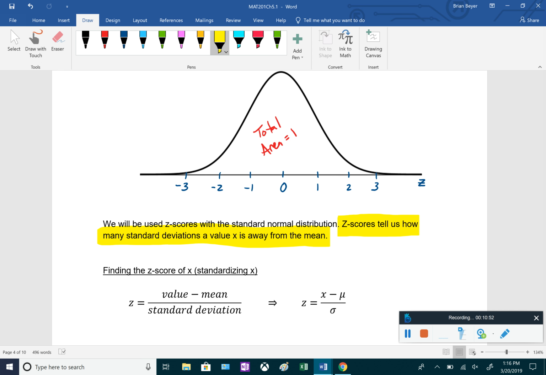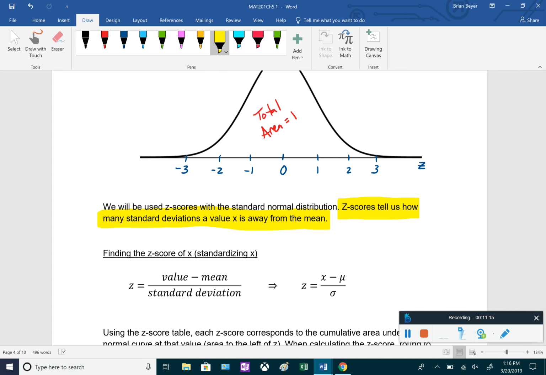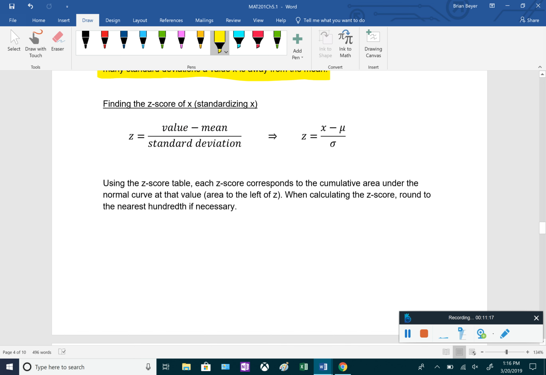So that's what the standard normal distribution works with. It works with z-scores. So for a mean of 0 here, with 0 in the middle, that means a value is 0 standard deviations away from the mean.